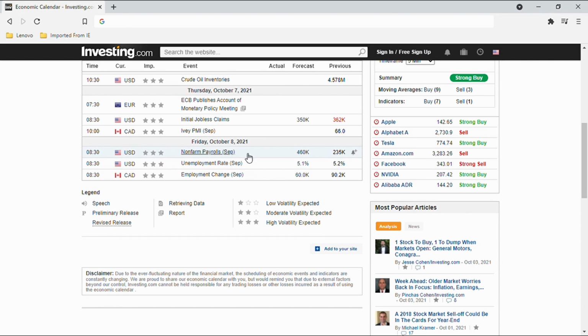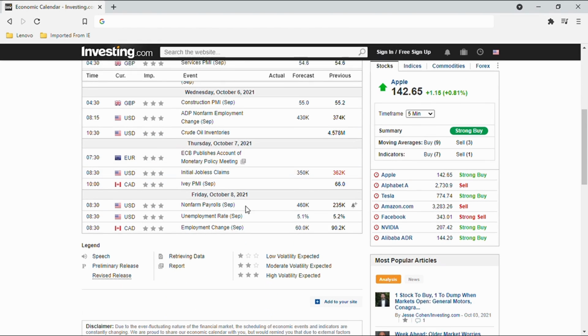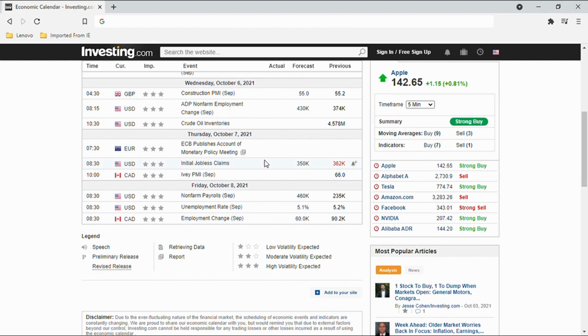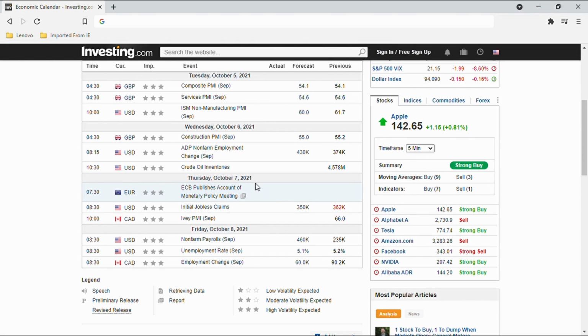This should be a very good one to be trading this week. If you are looking to trade non-farm payrolls, have a look at the non-farm employment change. This will help you get a projection in terms of non-farm payrolls. It's not to say it's going to be exact at all. However, that's of vital importance for you guys. That's what we're expecting for this week in general.